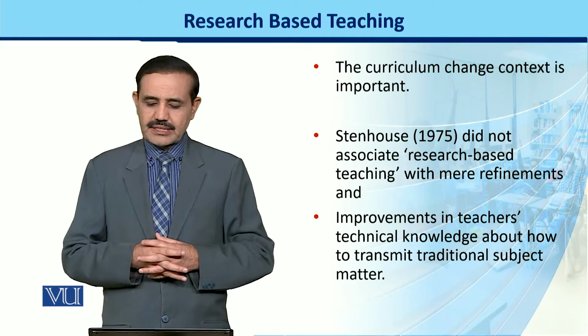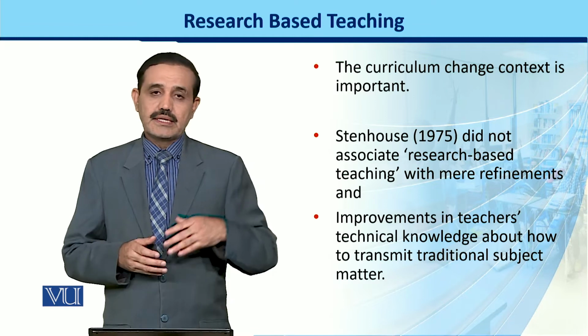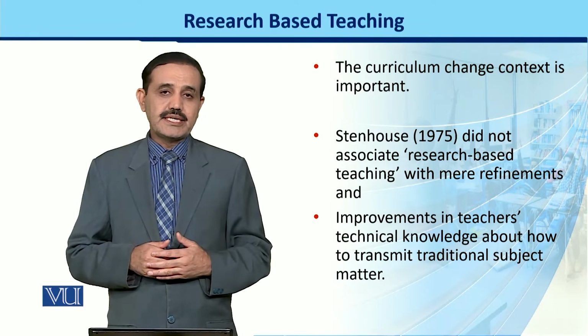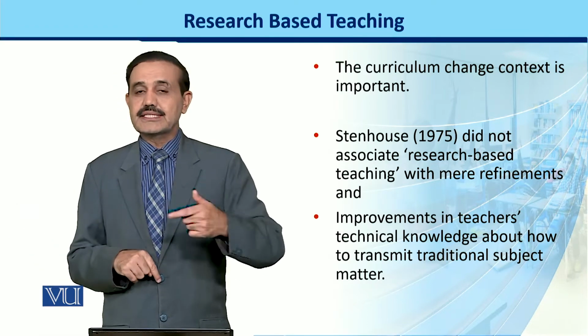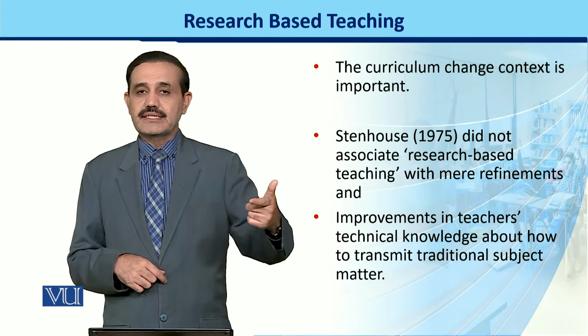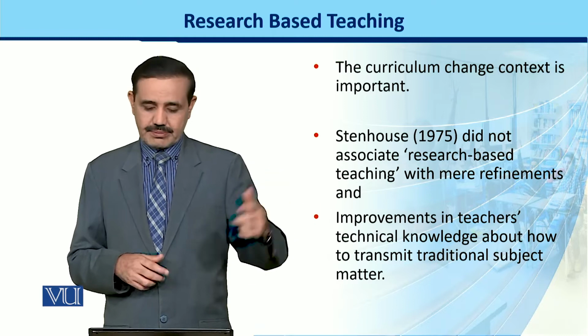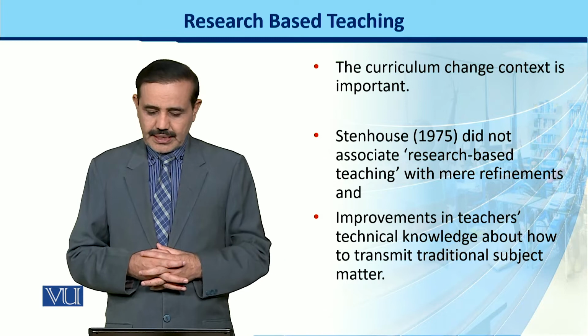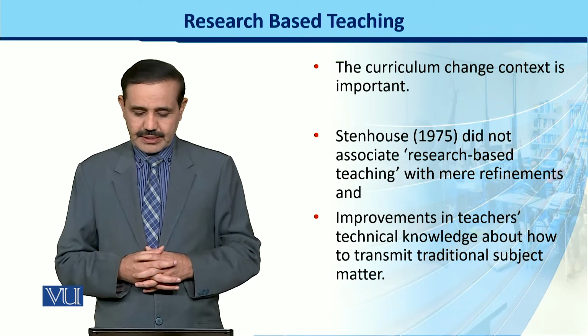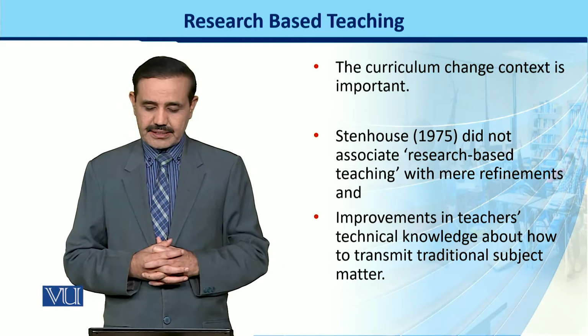Therefore, the curriculum change context is important. In what way the curriculum should be changed and has been changed gives shape to teaching based on research. Stenhouse in 1975 did not associate research-based teaching.